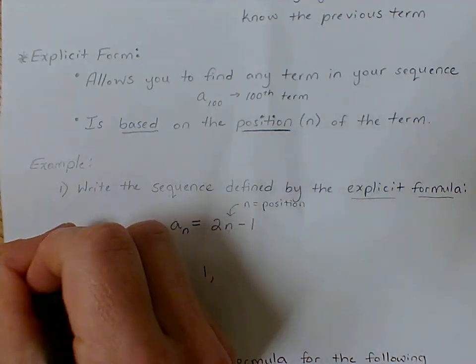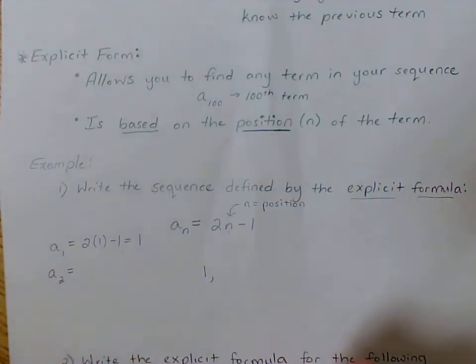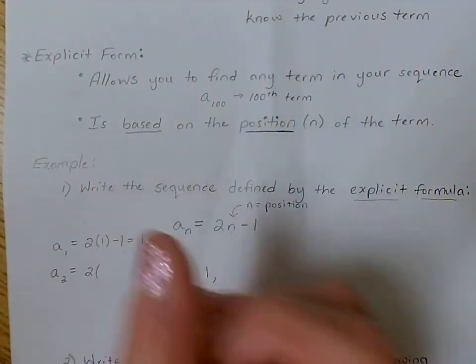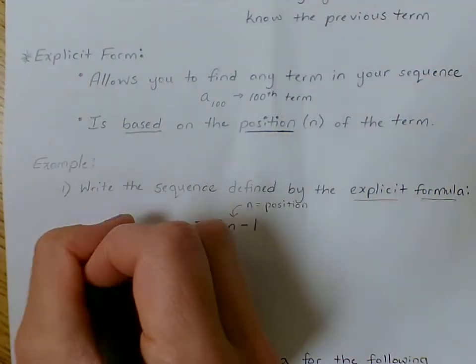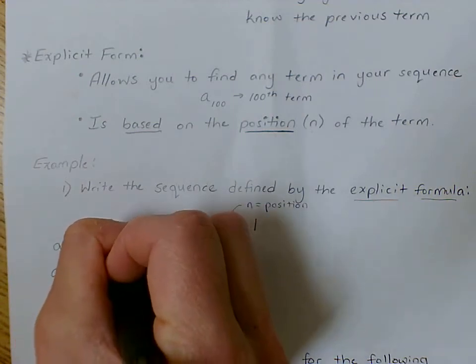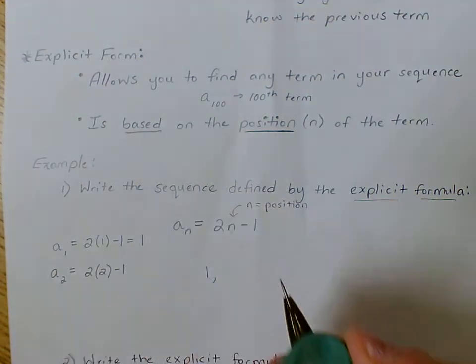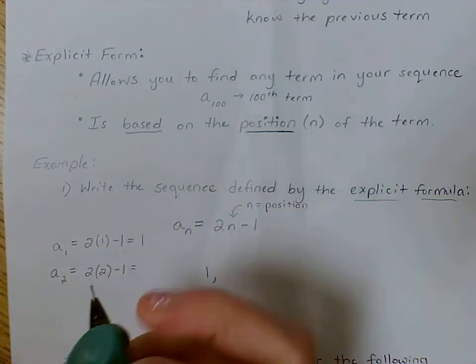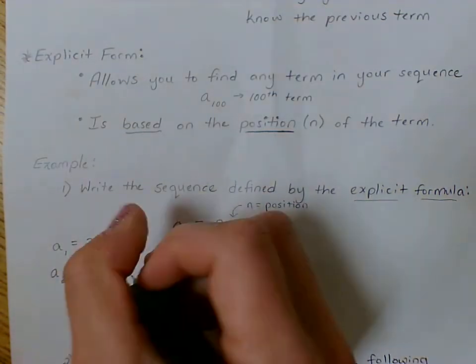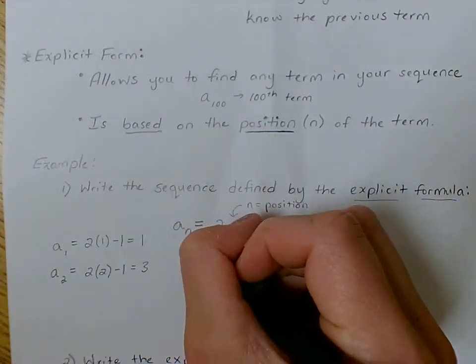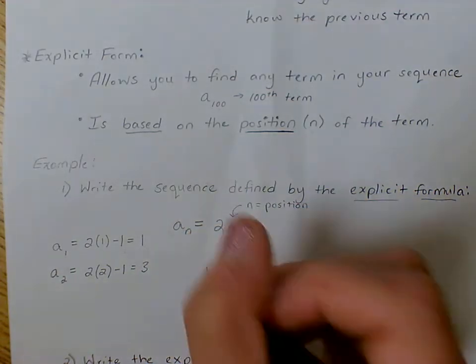So I'm finding the a sub 2 term. So I'd take 2 times 2 this time. So I'm plugging a 2 in. Then I'm going to simplify that. So that'd be 4 minus 1, which is 3.